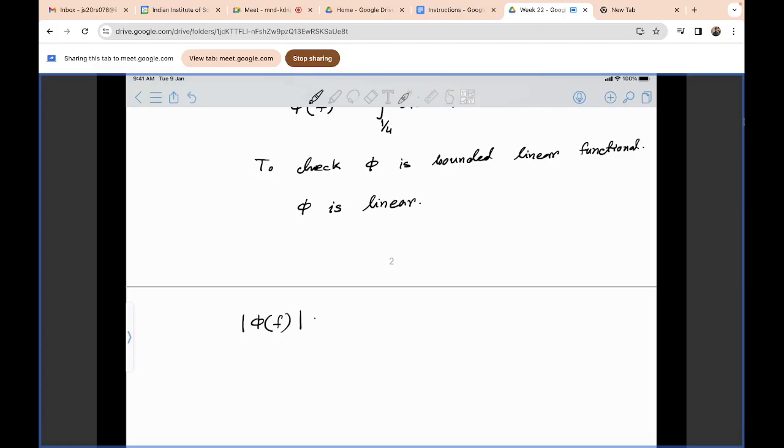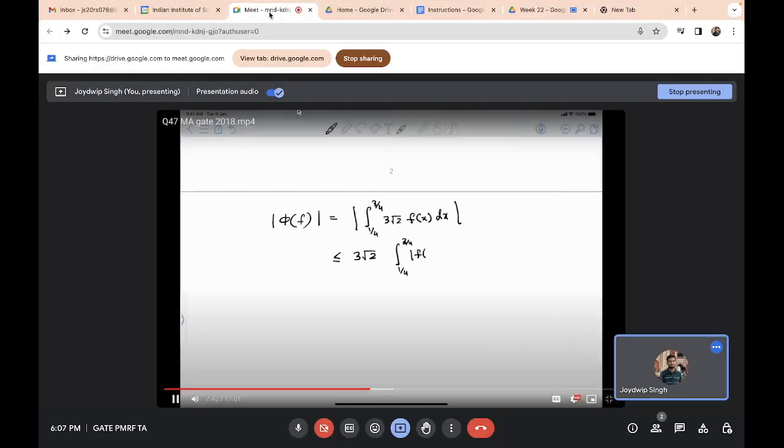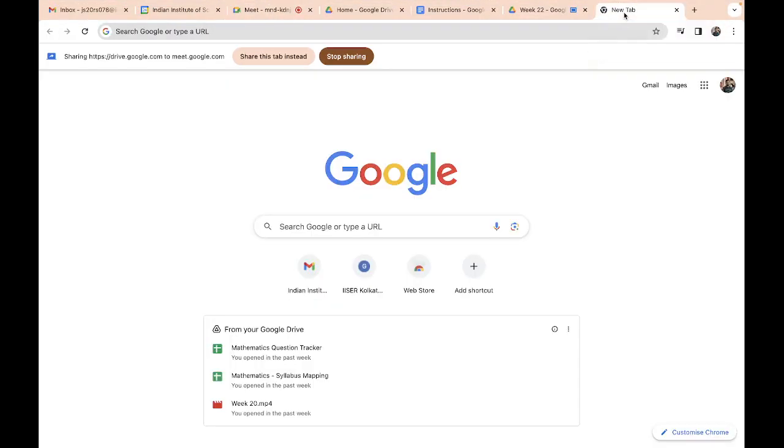Mod of phi of f is the mod of the integral from 1/4 to 3/4 of 3 root 2 f(x) dx. 3 root 2 we can take out, and this is less than or equal to taking the mod inside, so this is mod of f(x) d mu(x).